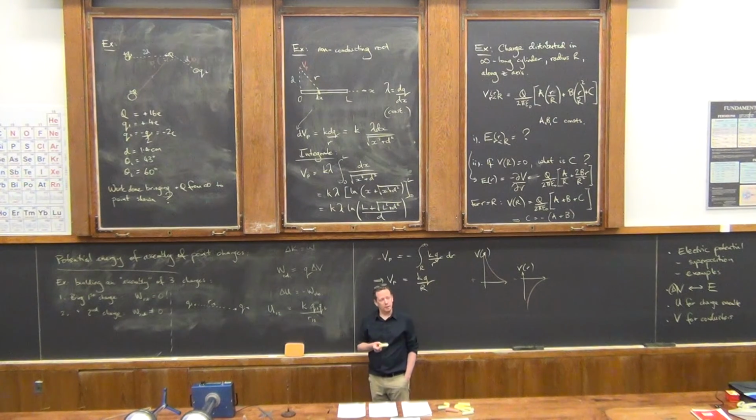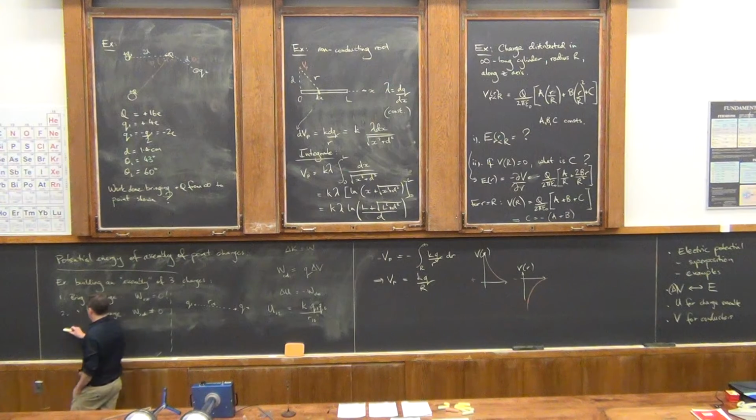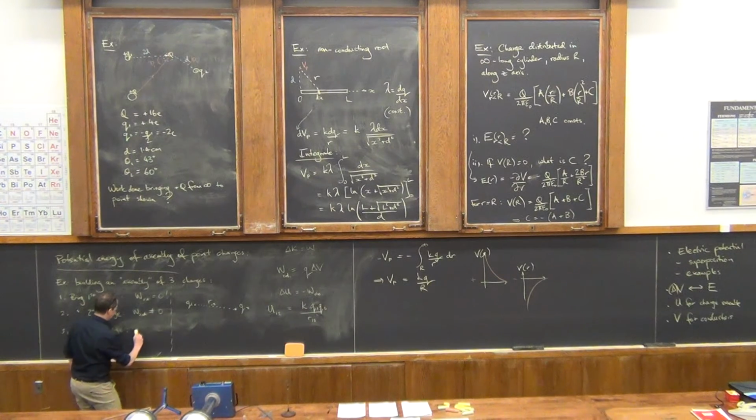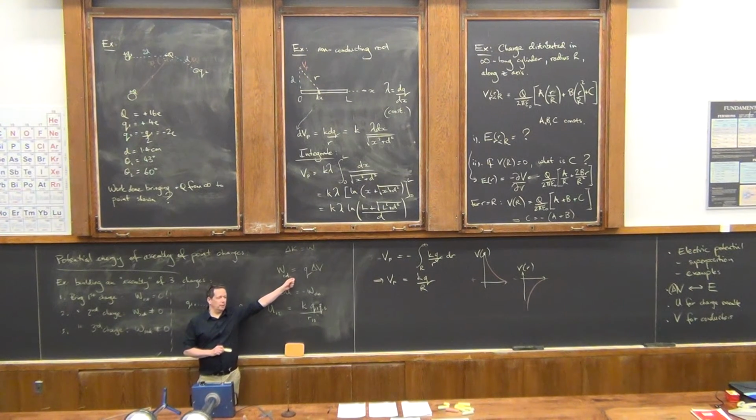What about when I bring in the third one? Of course, there's definitely some finite work done. And I think here it's most useful to think of it in terms of this.